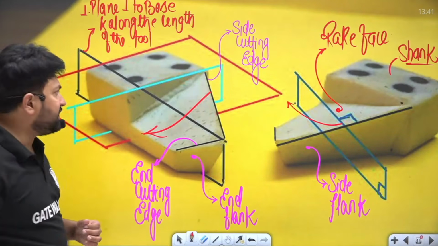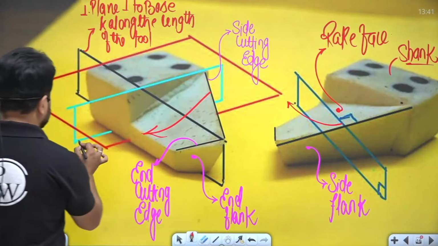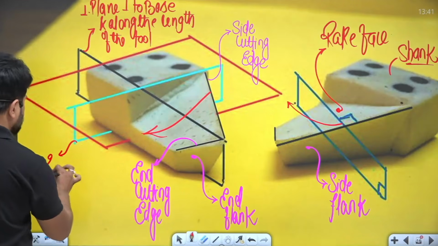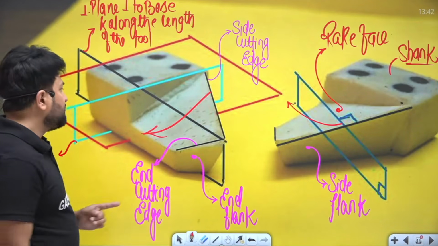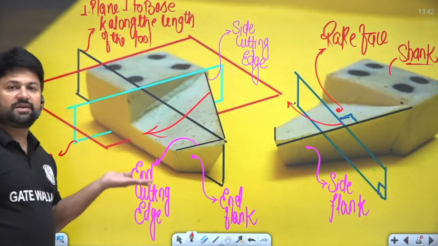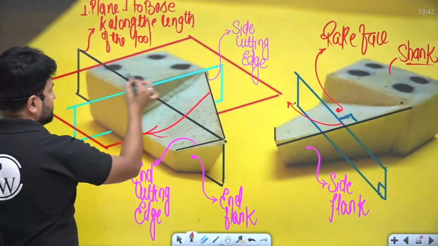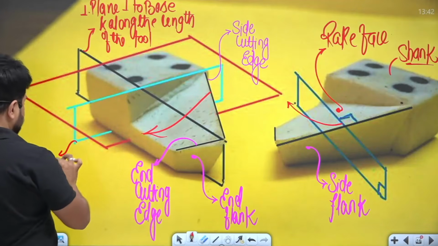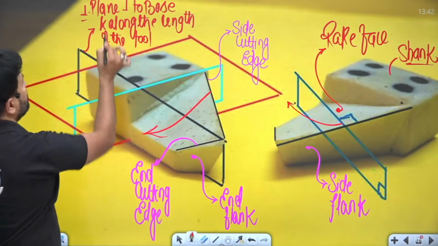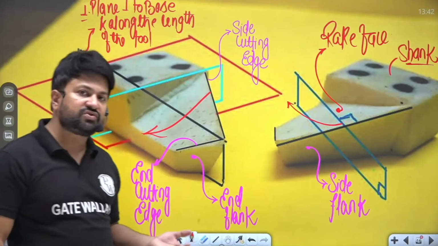Now the next plane is this plane. This is plane number 2. This plane number 2 is perpendicular to the base of the tool and parallel to the width of the workpiece, right? Again, plane number 2 and plane number 1 are perpendicular to each other.